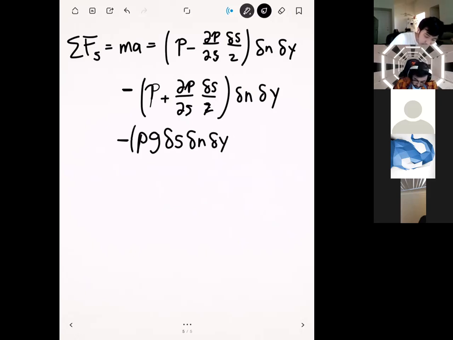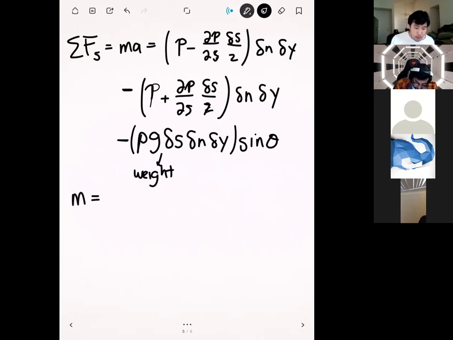So weight is just the density of the fluid multiplied by gravity multiplied by volume. And then we have sine theta. All we did at this point was take all three forces that we found on the previous page and add them all up, respecting their signs, and setting it equal to MA.